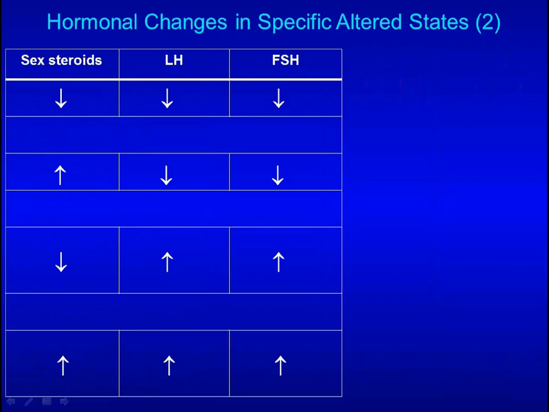Another exercise. Given changes in sex steroids and gonadotropic hormones, we need to tell what conditions these hormonal changes are related to. For example, when we encounter a condition in which all three levels are down, this situation most likely occurs when there's a failure in the hypothalamus or pituitary gland.